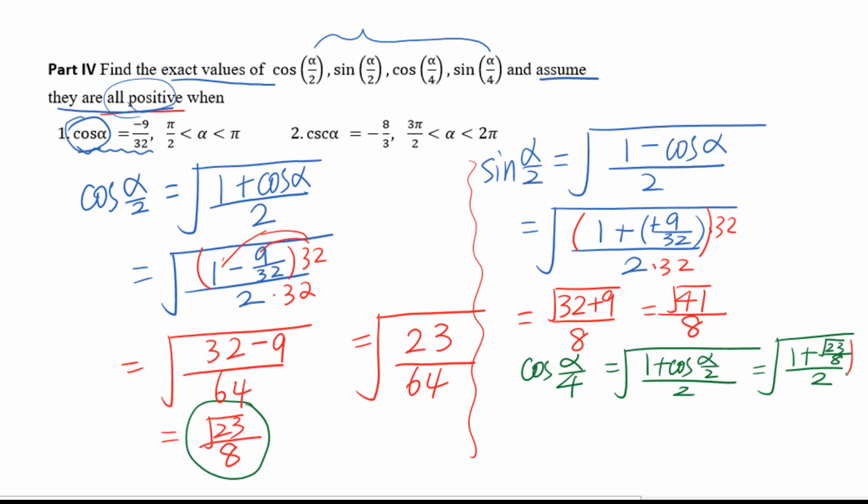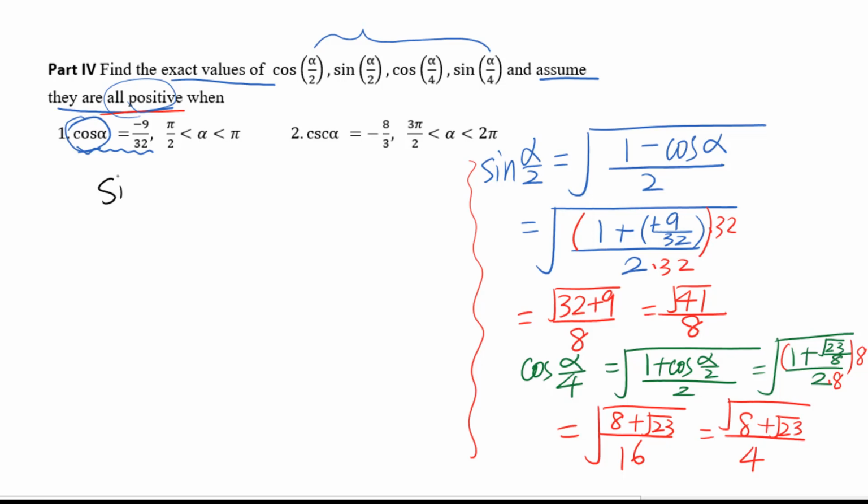So top and bottom, we multiply by 8. Square root of 16 as a denominator. Then top, that will be 8 plus square root of 23. So we simplify. Denominator is 4. Square root of 8 plus square root of 23.